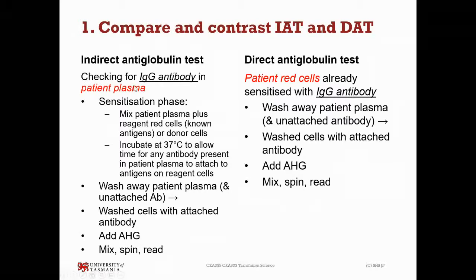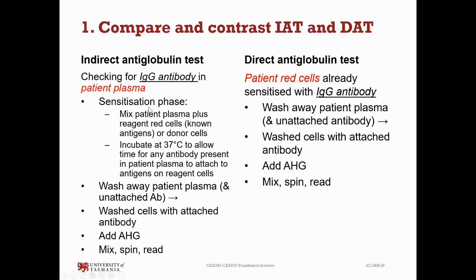The indirect antiglobulin test is checking for IgG antibody in the patient plasma, whereas the direct antiglobulin test is checking the patient red cells to see if they have already been sensitized with IgG antibodies. So the direct antiglobulin test tests the patient's red cells. The indirect antiglobulin test tests the patient's plasma. Okay, so they are the two main differences.